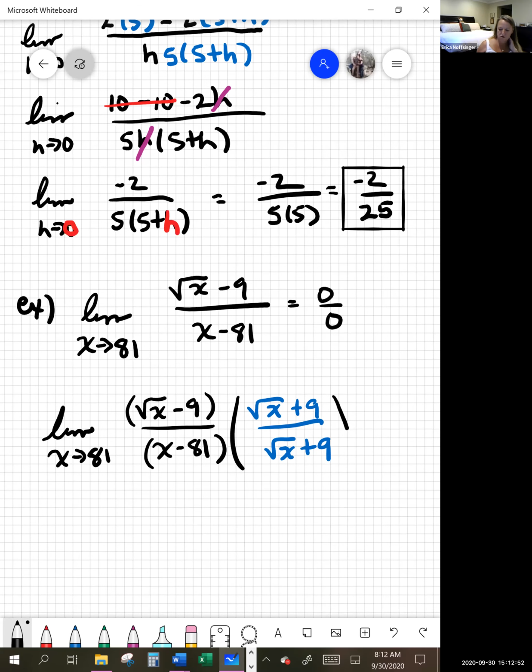So doing that, we have square root of x squared, which is just x, and we have minus 9 squared, which is 81, all over x minus 81, all times that square root of x plus 9.